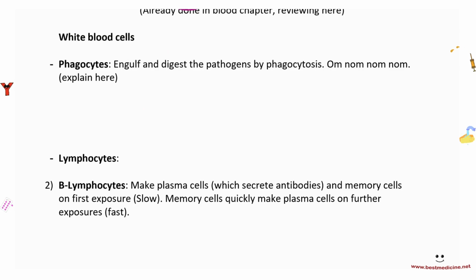Lymphocytes are of two types. You have B lymphocytes that will make plasma cells, that will make antibodies, and memory cells that will store the information so that if there is a second or third exposure, it would result in a fast immune response.